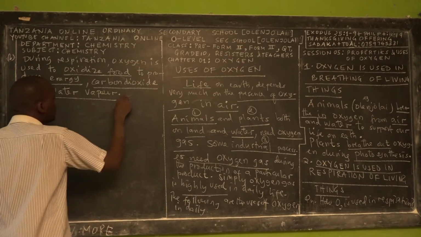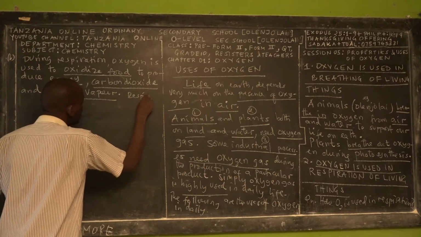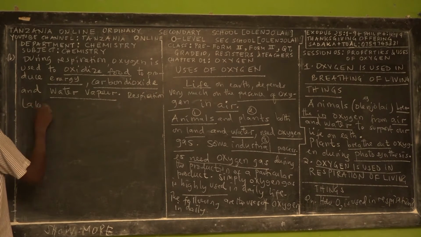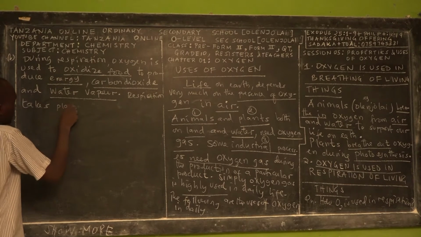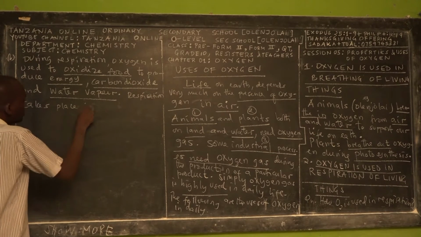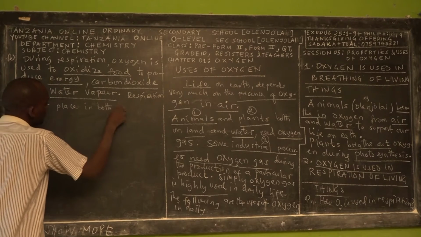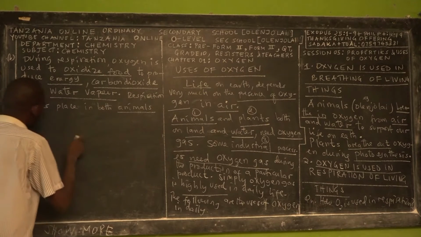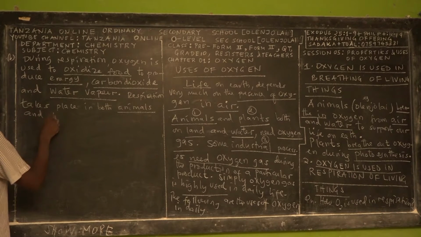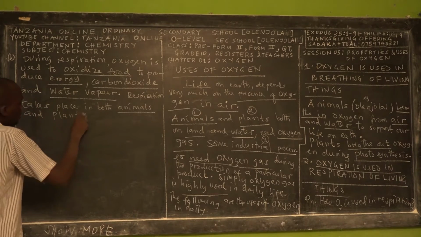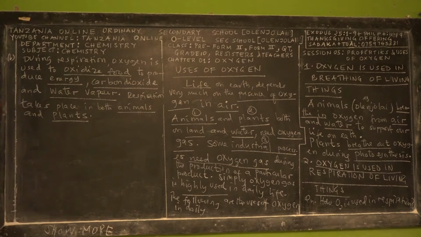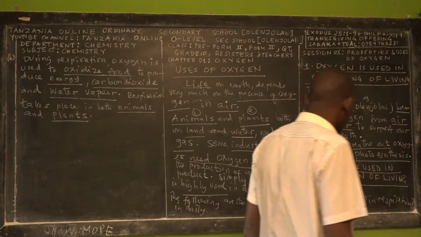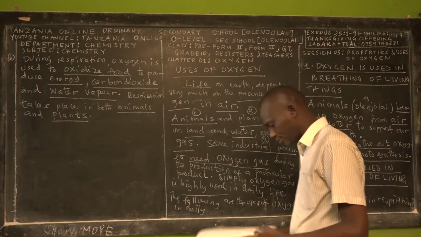So it means that respiration takes place in both animals and the plants. That's the second use of oxygen in daily life.